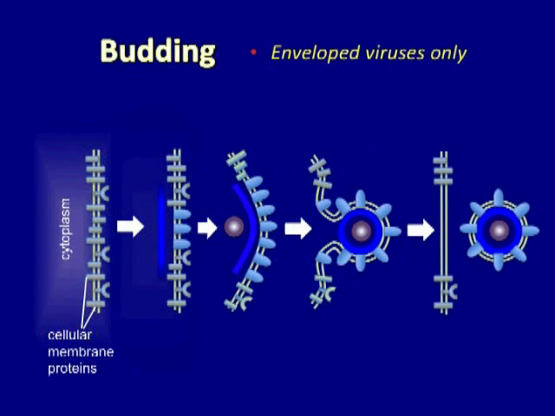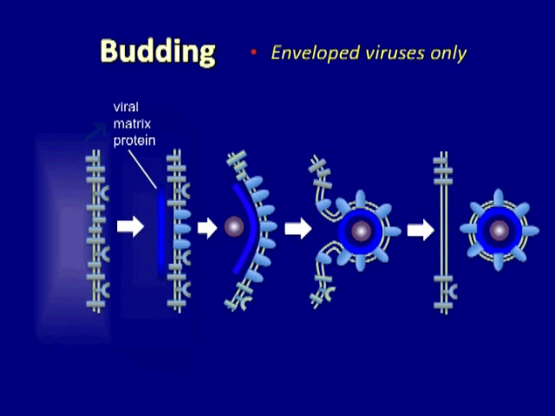Enveloped viruses may use budding as a mechanism for exiting from the cell. This is a diagram proceeding from left to right that shows the various steps in viral budding from the cell surface. The budding process is initiated when viral matrix protein, which is produced in the cytoplasm, aligns itself against a section of the cell membrane.